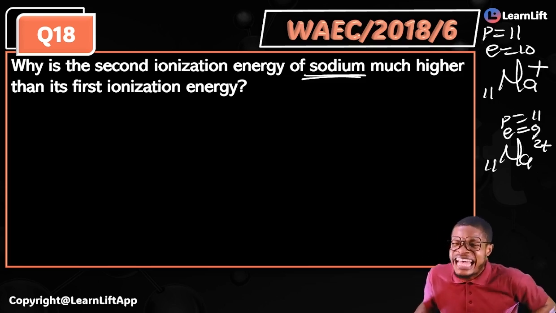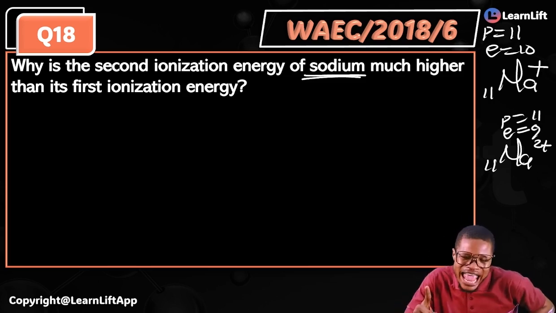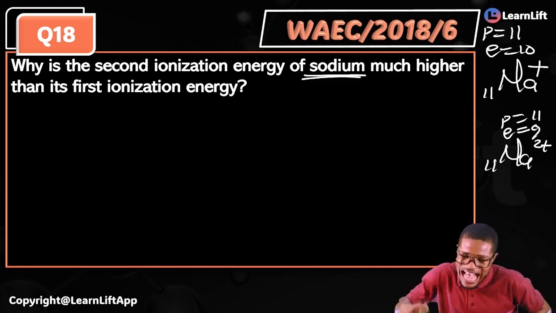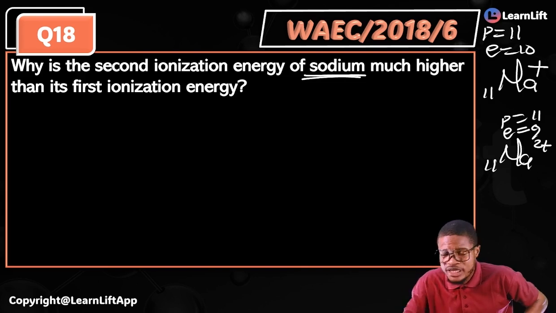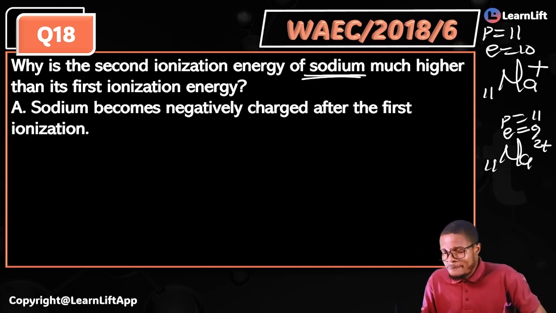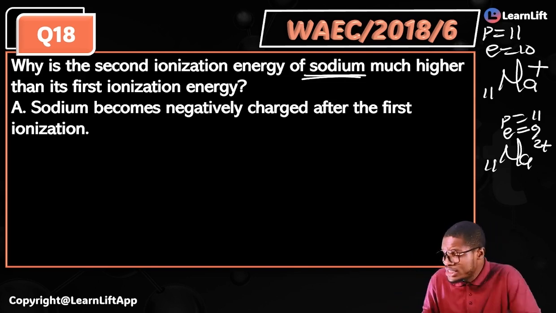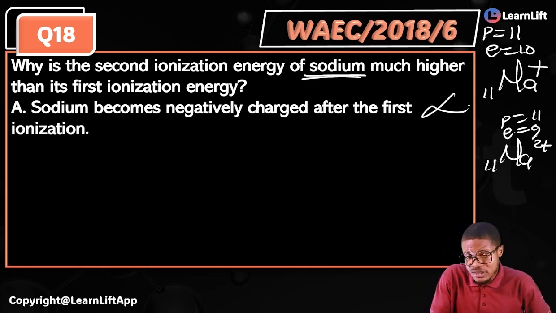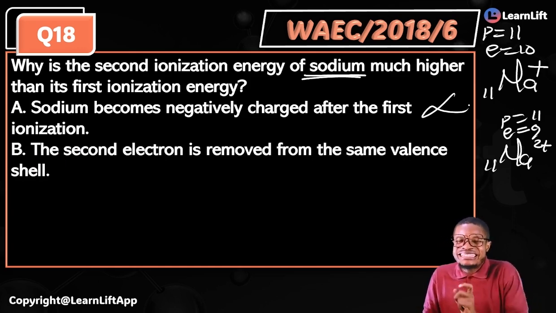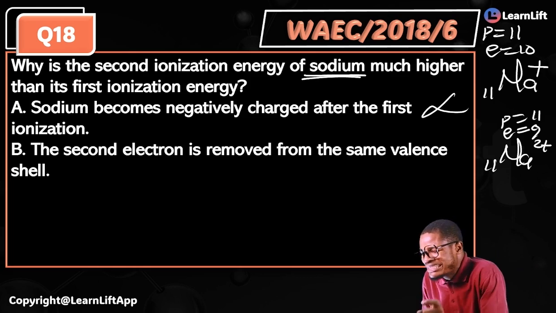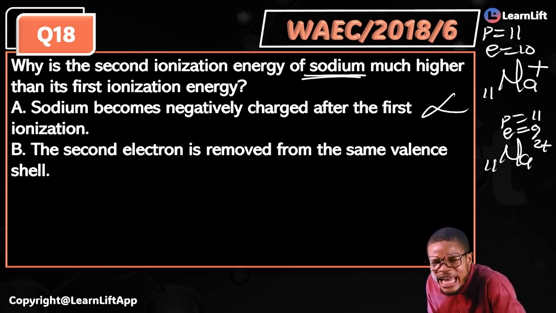You need greater energy. They say, why is the second ionization energy of sodium much higher than the first ionization energy? Option A says sodium becomes negatively charged after the first ionization energy. It is not true. It will become positively charged. Option B says the second electron is removed from the same valence shell.